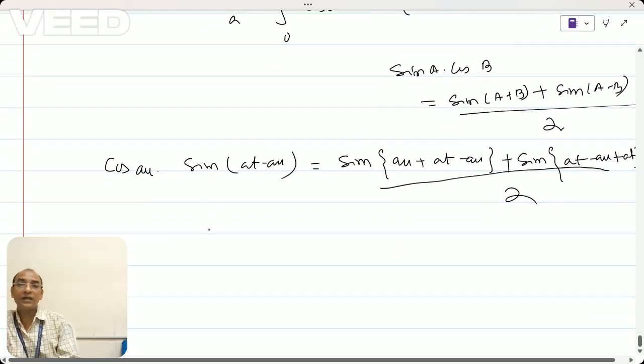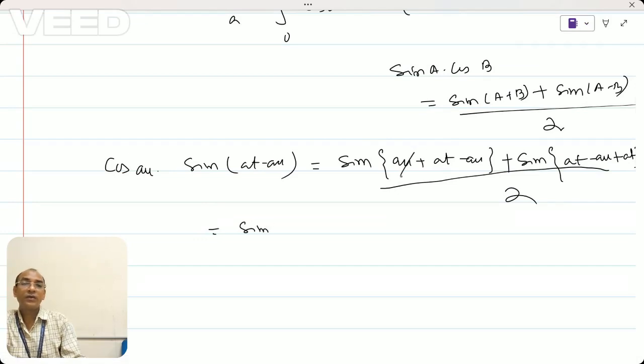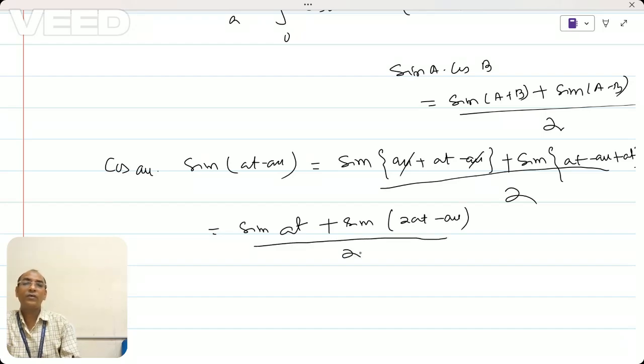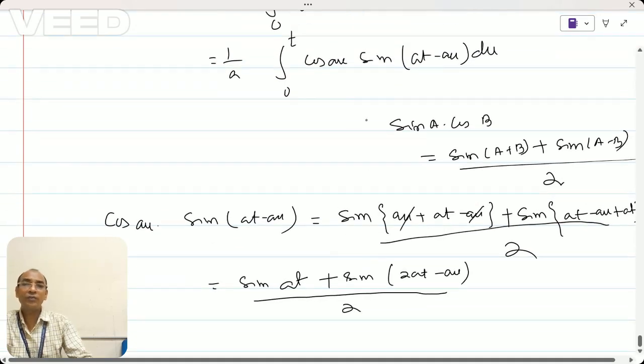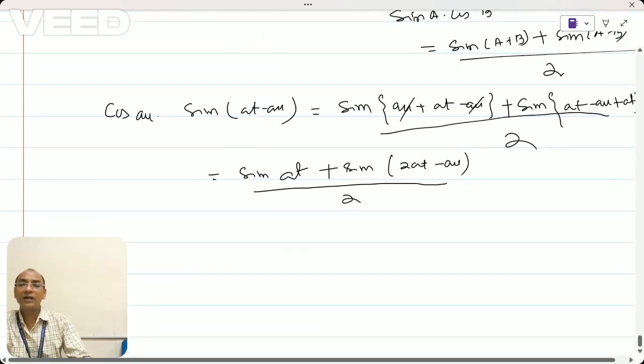So you will get sin of at, as au gets cancelled, and then plus sin of (2at minus au), whole divided by 2. Now you will put this in the integration.